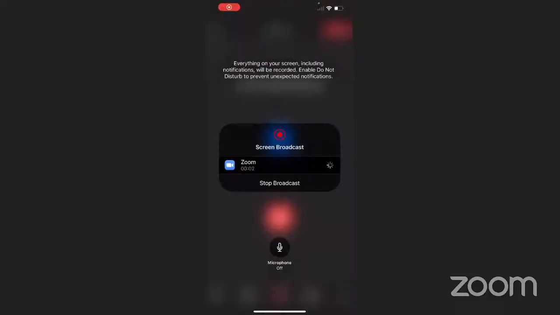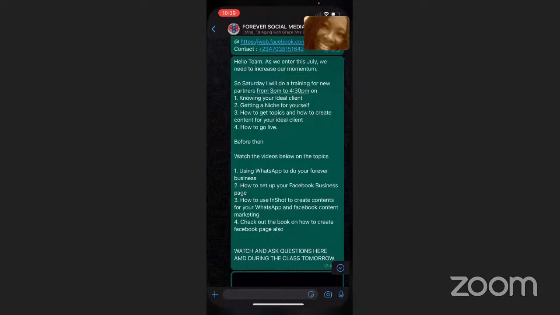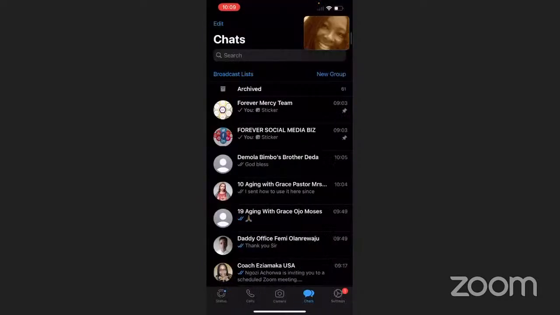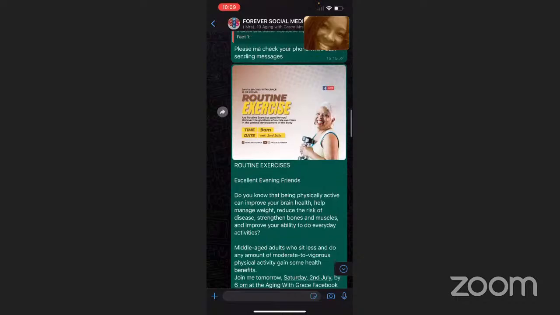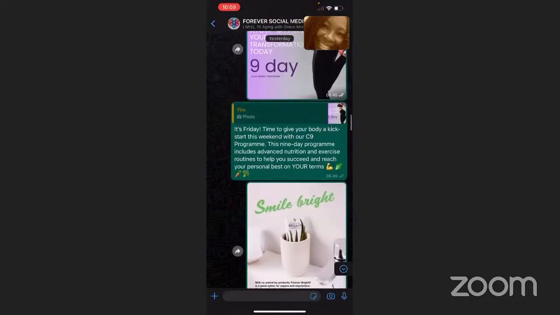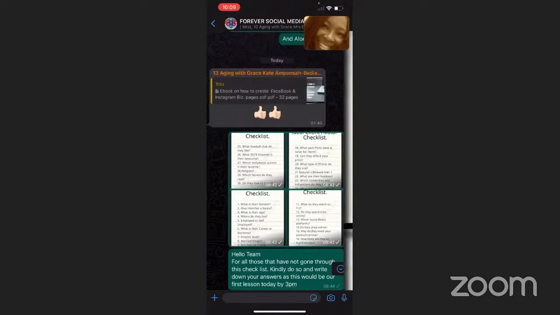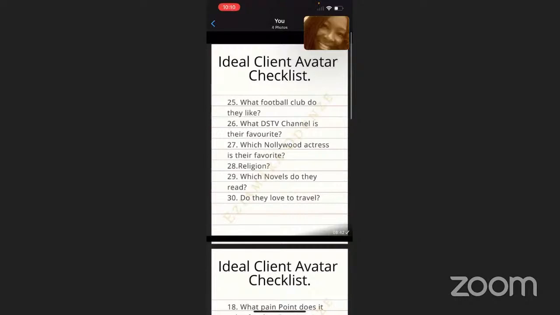But let's just look at it again, because sometimes when you go back and look at that checklist, it will also help you to have a better knowledge or understanding of whom your ID client is. Are you seeing my screen? Yes. All right. Okay. So the ID client avatar checklist.